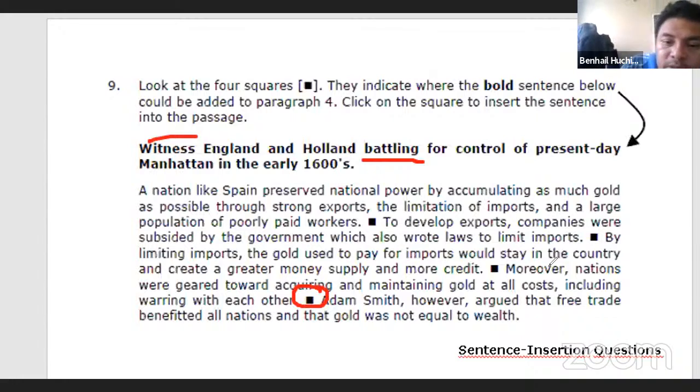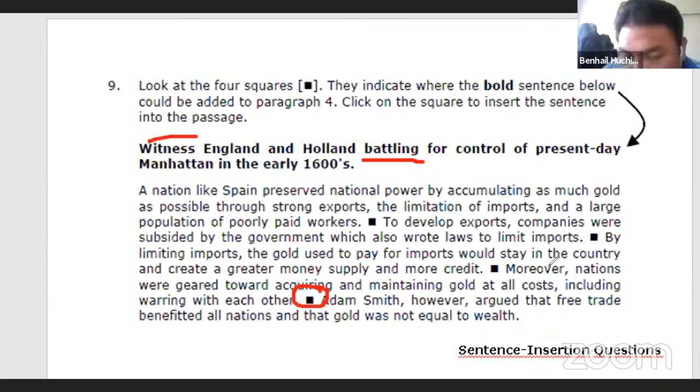Moreover, nations were geared toward acquiring and maintaining gold at all costs, including warring with each other. Witness England and Holland battling for control of present day Manhattan in the early 16th.